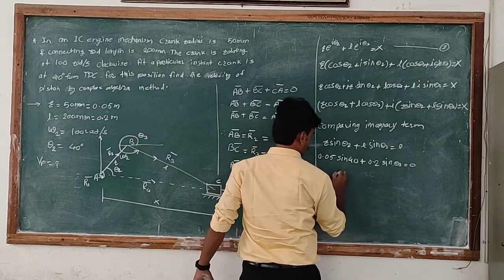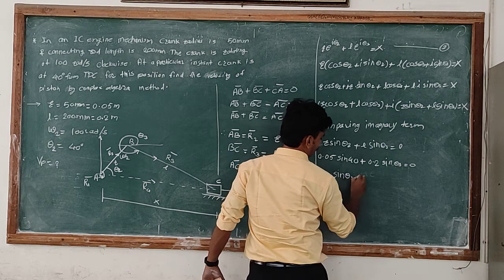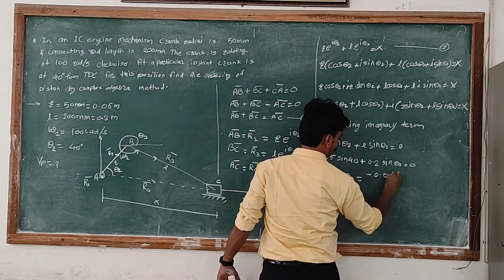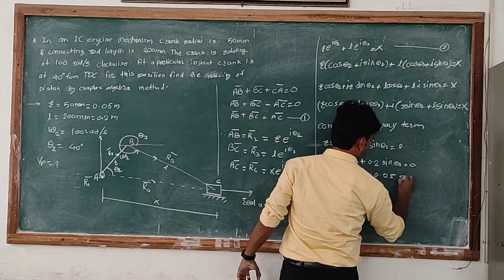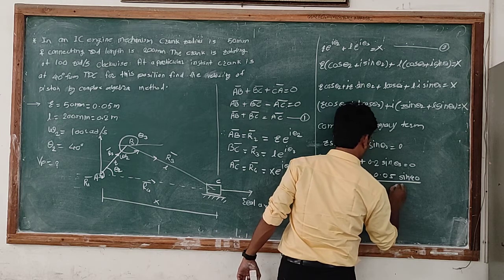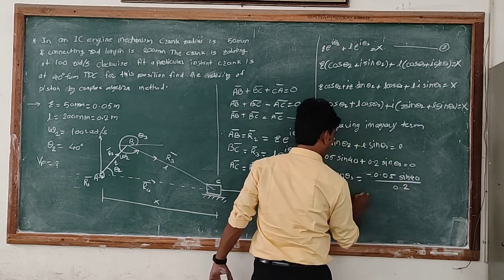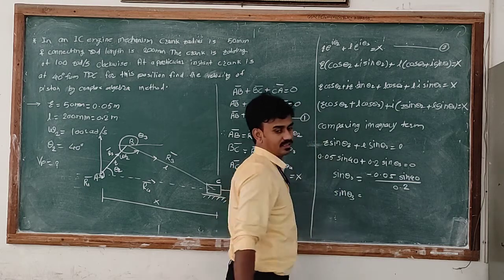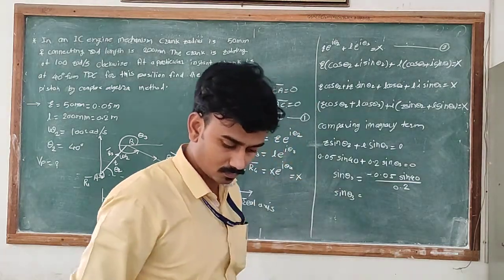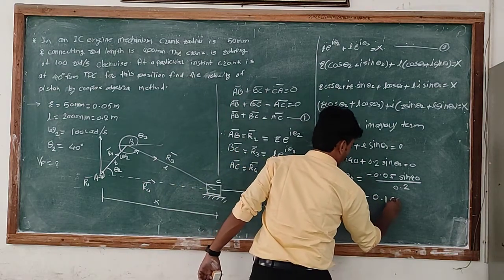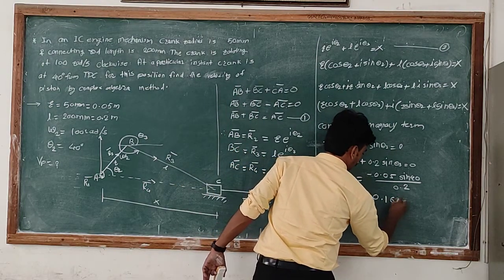So sin of theta 3 is equal to minus 0.05 into sin of 40 upon 0.2, and sin of theta 3 is equal to minus 0.1605.